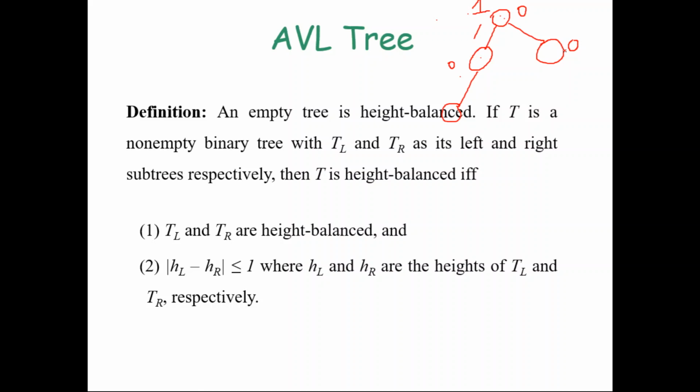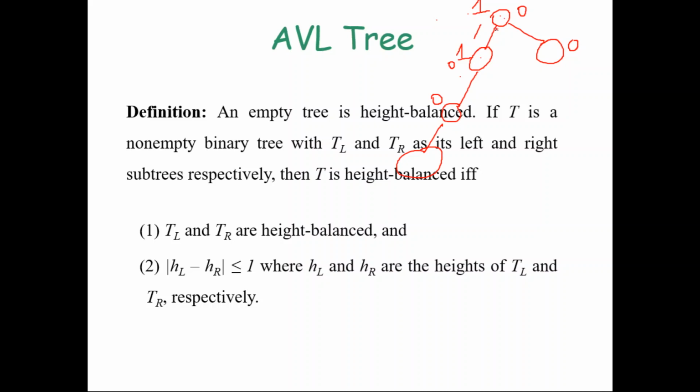This one is 1 minus 0, which is 1. This is still 0, this is still 0. So for all the nodes HL minus HR is less than or equal to 1, so this is still height balanced. Say for example I'm adding one more node now here.